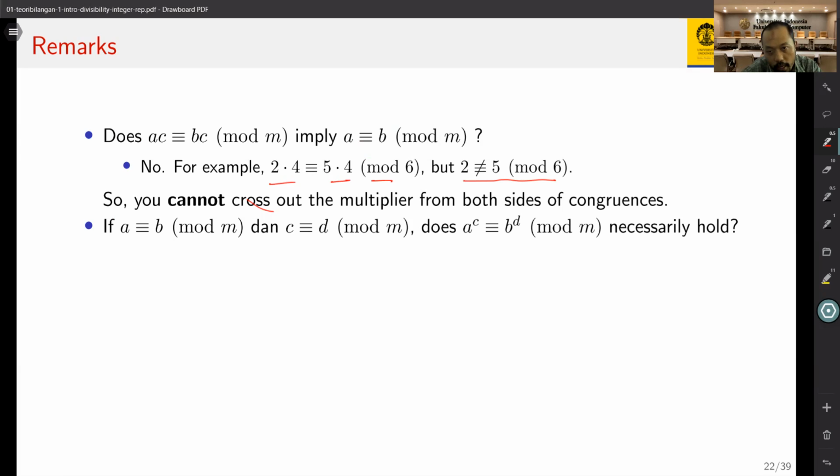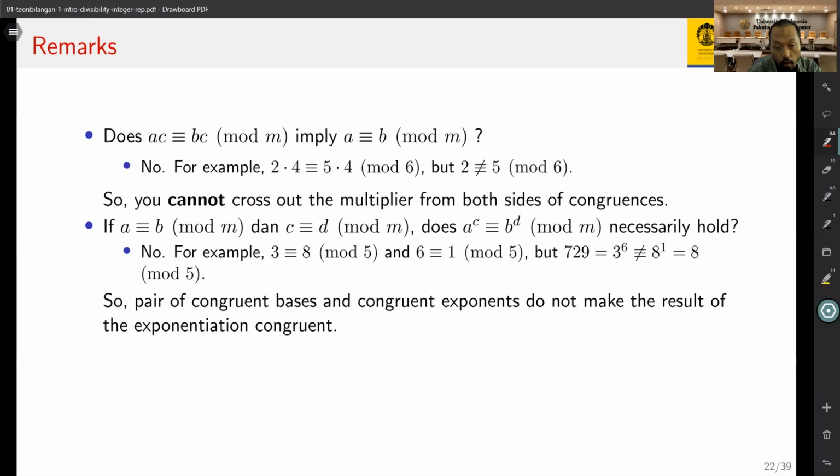Another similar example is when you want to use the other congruence as a power of the first congruence. So if A is congruent to B modulo M and C is congruent to D modulo M, does it mean that A to the power of C is congruent to B to the power of D modulo M? Well, the answer is no, right?